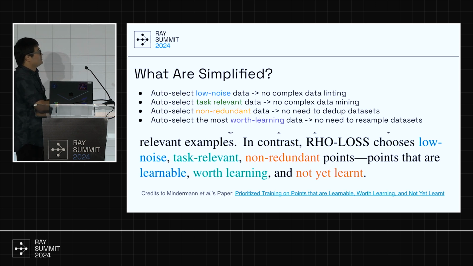And we expect that it can be non-redundant, so when we merge the data sets, we don't need to deduplicate them. The most important one is that hopefully the data we selected is the most worth-learning data. Then we don't really need to resample the data sets, because we know these are the data we need.